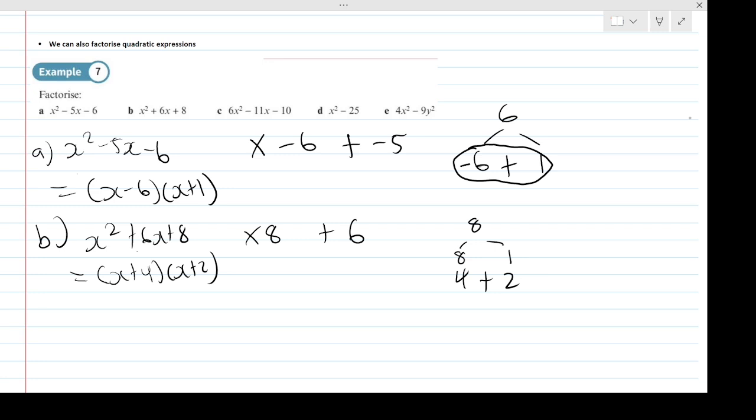Okay, cool. Part C, 6x squared minus 11x minus 10. Now, this is a bit more complicated because we have a coefficient, a number in front of the x squared. So part A and part B specifically are called monic quadratics.